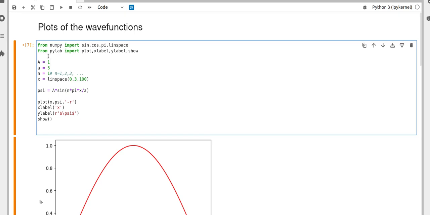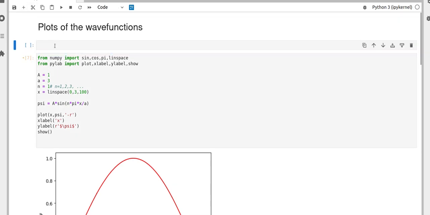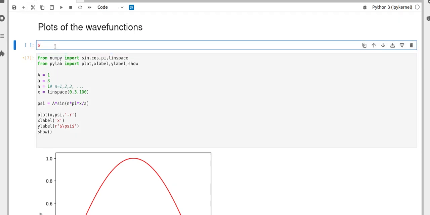So recall, let me write the wave function here. Psi of x equals A sin(n pi over a x).